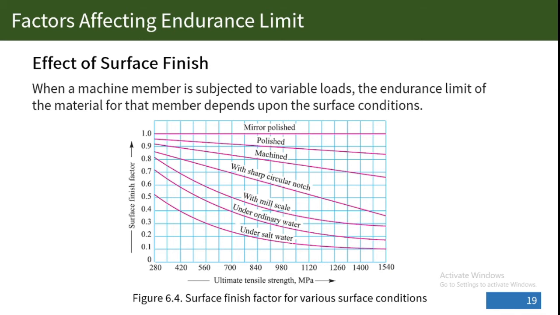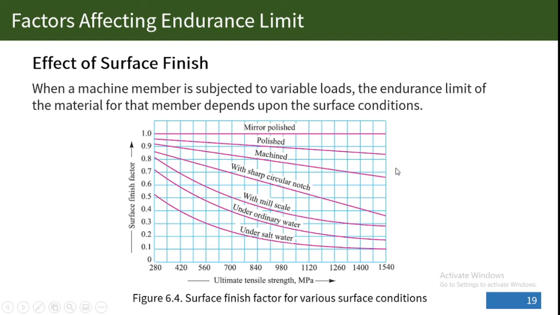So we can see here that there are different possible surface finishes for a material. For example, if it is mirror polished, the value of the surface finish factor, regardless of the material's ultimate tensile strength, is equal to 1, equal to unity.